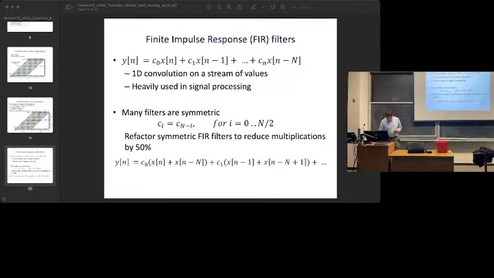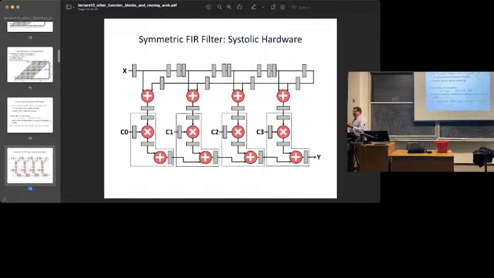If you have a symmetric filter, you can refactor it to reduce your number of multiplications by half by adding the signals that are going to get multiplied by the same coefficient, and then just doing the multiplication once. So this is a transformation that you can do to reduce multiplication when you're doing a symmetric FIR filter. Why am I telling you all this? Because it's a very important application for FPGAs.